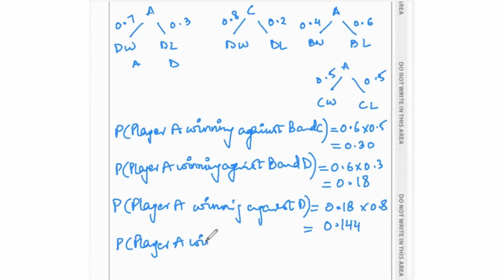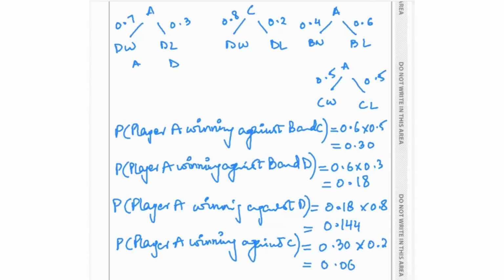And then the probability of player A winning against C, we would do 0.30 times 0.2. So 0.30 times 0.2 would give us 0.06.